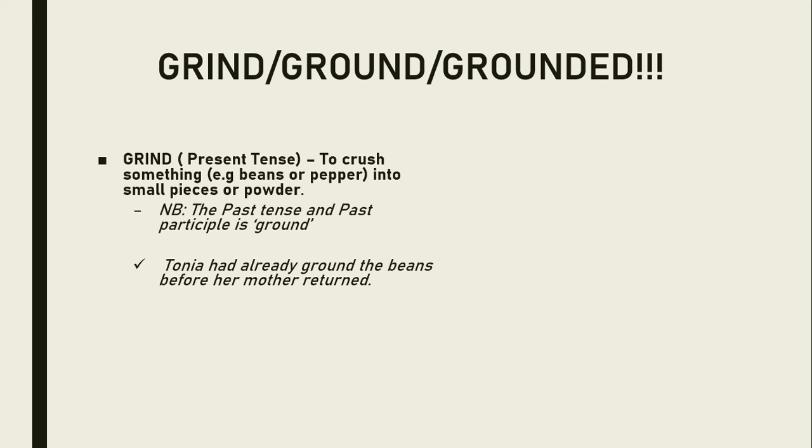Another example: I told Victoria to grind the pepper before I return from work. It's clear. The first example used ground, which represents its past and past participle form, and the second uses grind in its present tense form.